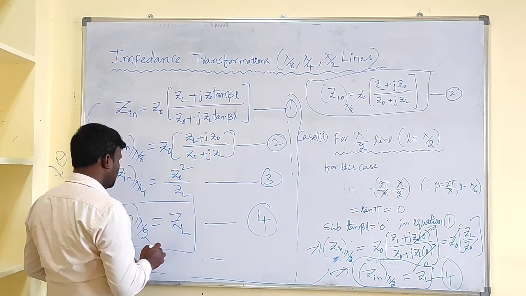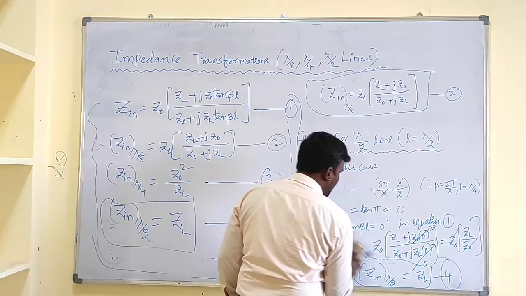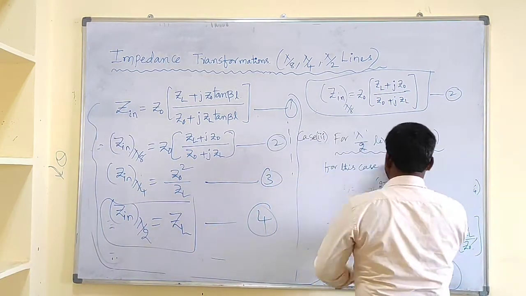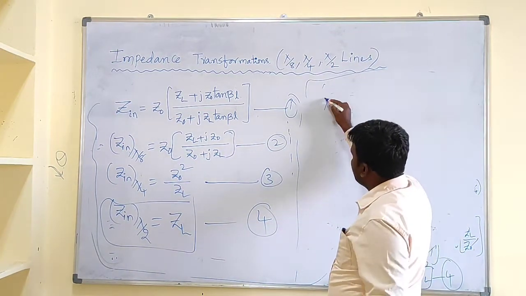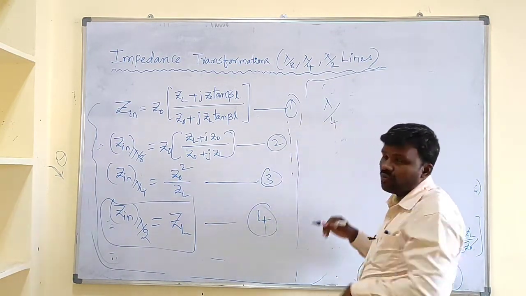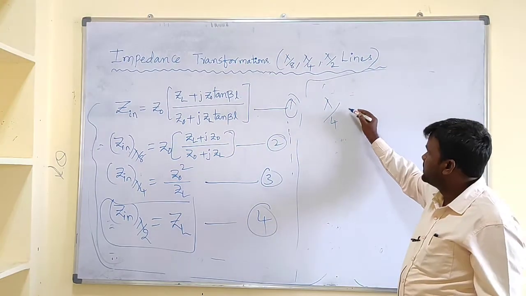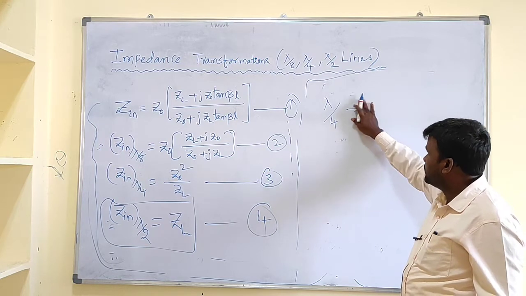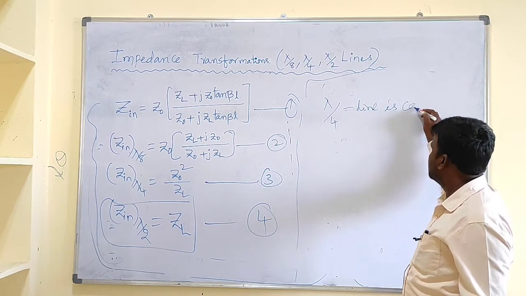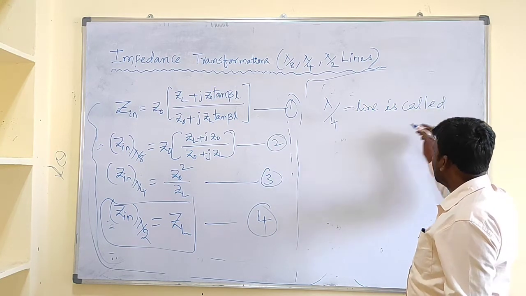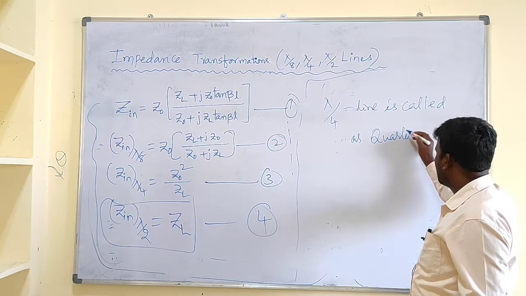Please make a note of it: the lambda by 4 line is also called a quarter wavelength line, since 1 by 4 means quarter. That is why the lambda by 4 line is also called a quarter wave transformer.